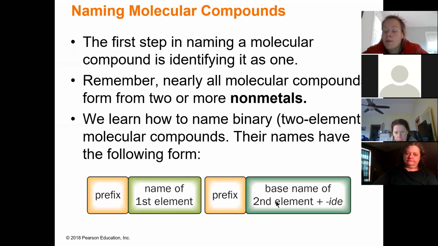Then you're going to take the base name of the second, you're going to ide it, and you're going to put a prefix in front of it that tells you how many you have. So if I write this, CO2, I'm sure you already know what that is, but that is carbon dioxide. Okay, the di being 2. The prefix on the first one, mono, can get dropped. I'll show you that in a second.